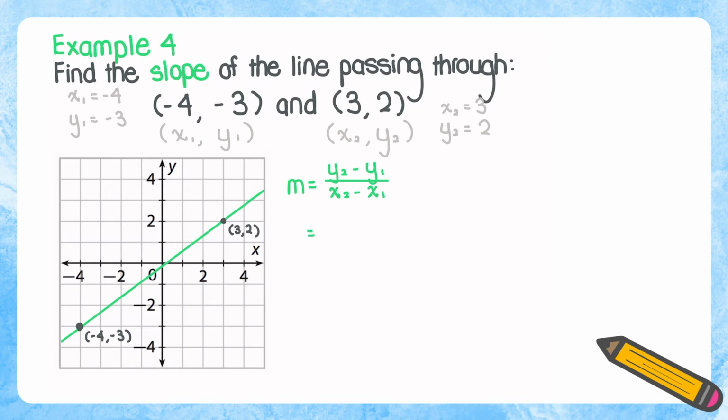So first of all, y sub 2 is 2 minus y sub 1 is -3. So we have 2 minus -3. For the denominator, x sub 2 equals 3.